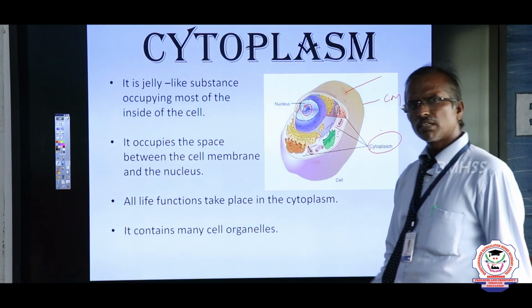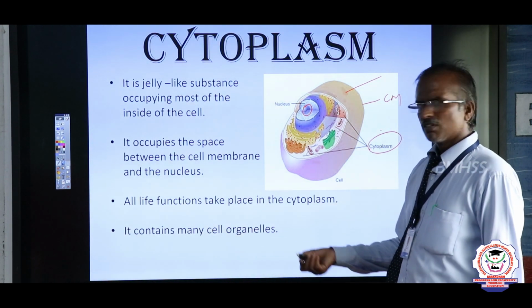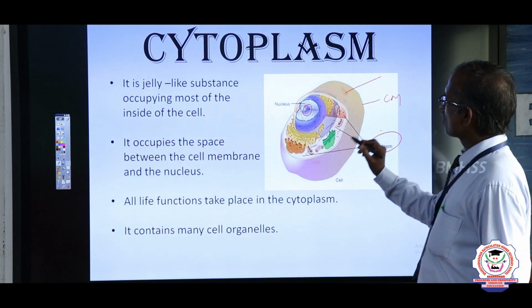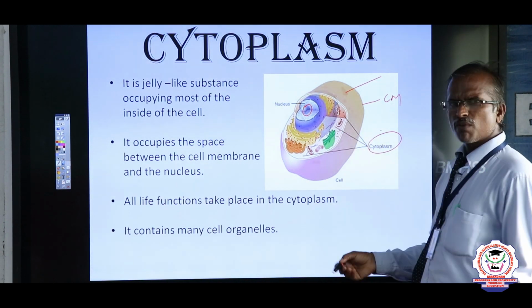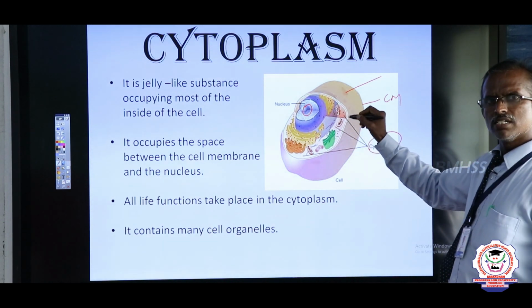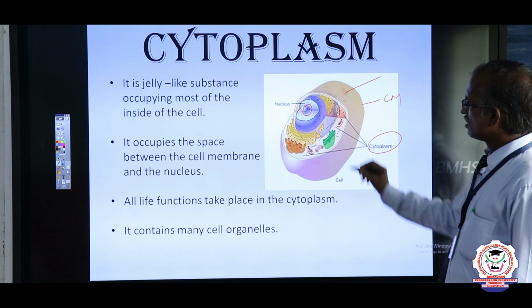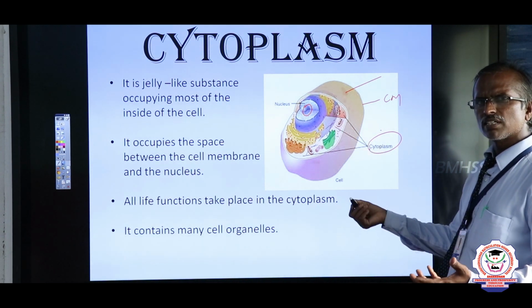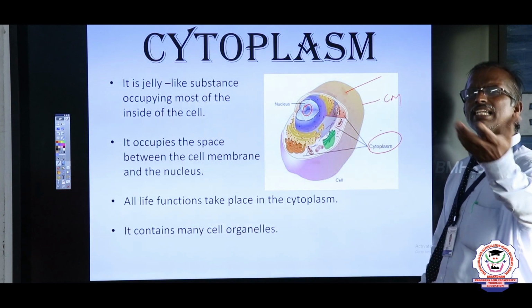Mitochondria, endoplasmic reticulum, ribosomes, Golgi apparatus, these are present. The cytoplasm is a seat of various biochemical reactions, which occur within the cytoplasm of the cell. Cytoplasm contains various cell structures to perform various life functions.